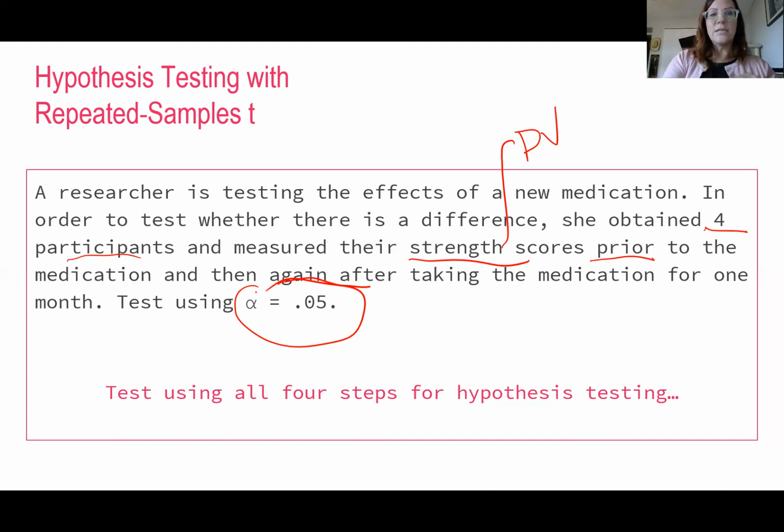So make sure you stick to these research scenarios and test it either as a 2-tailed test as stated or a 1-tailed test as stated. Don't make assumptions that aren't there. Unless you're doing your own research, then you could make your own assumptions. But since these aren't your research hypotheses, you have to go with what's already given to you.